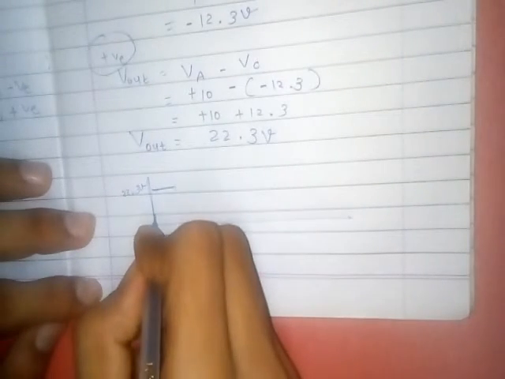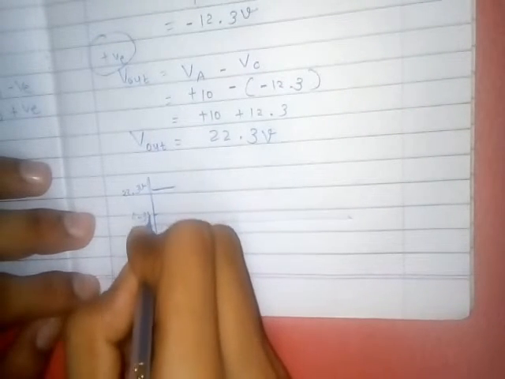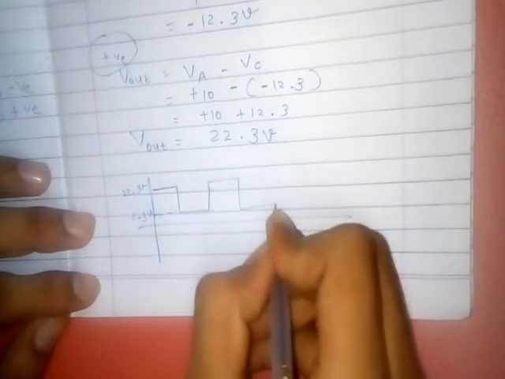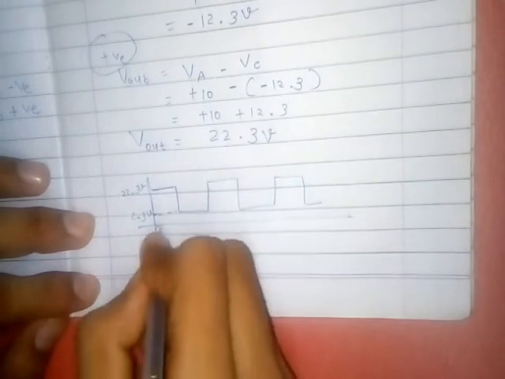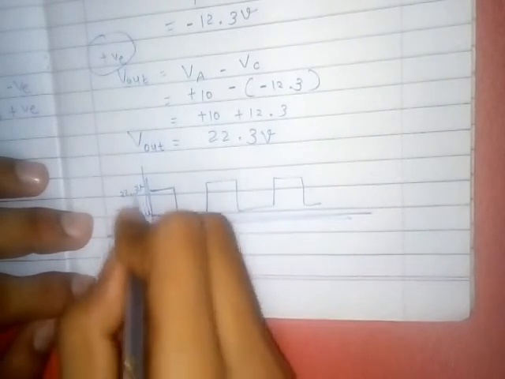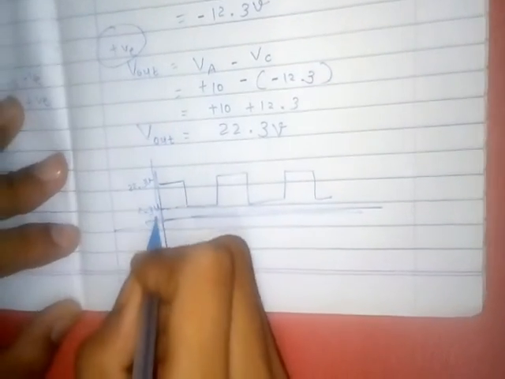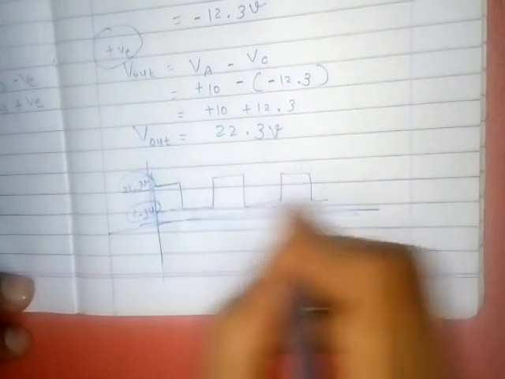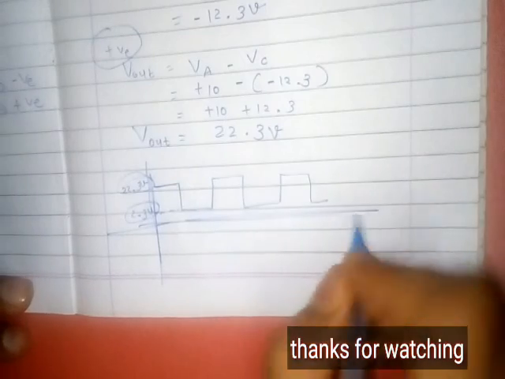So it will look like this, positive and negative, but it is in the first quadrant only, and both 22.3 volt and 2.3 volt are positive in the positive and negative cycle.